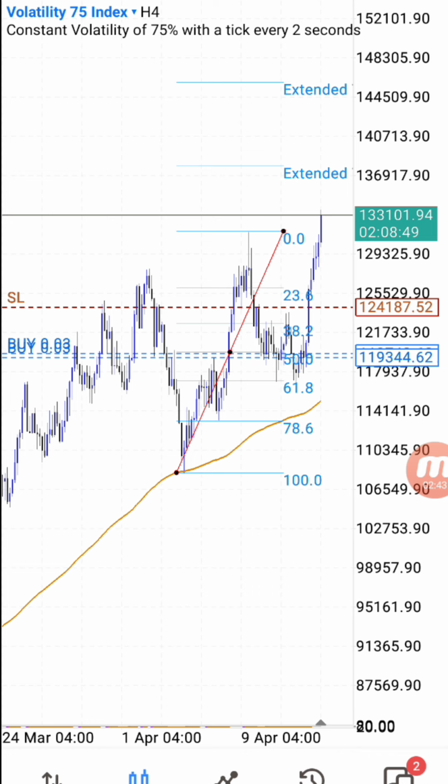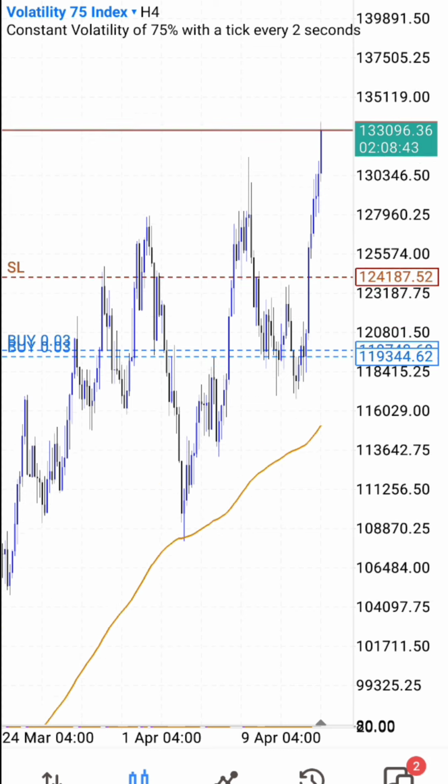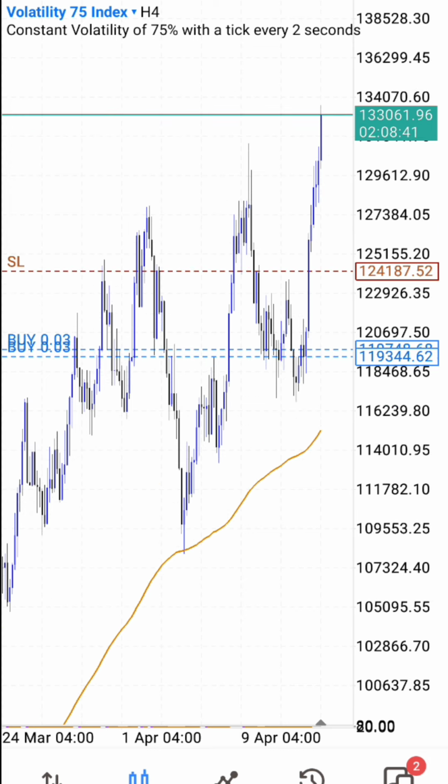So first and foremost, let me remove the Fibonacci, right? And as you know already, this is Volatility 75 on the 4 hours time frame, and this trade I've been holding since yesterday, right? And you can see this is a massive trade, massive profit, and I've locked up the profit.